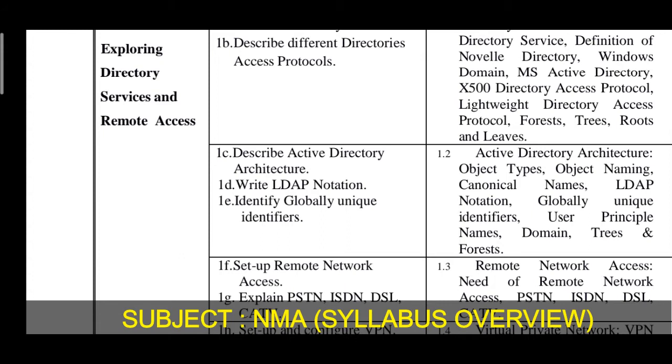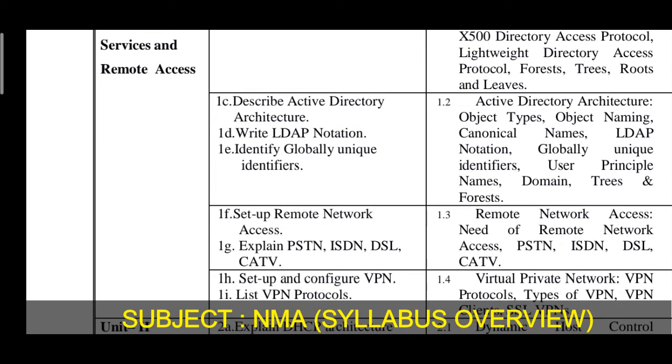Then identify globally unique identifiers, then set up a remote access network, and we have to study different types of remote access protocols such as PSTN, public switched telephone network, ISDN, DSL, CATV, and these are all very important protocols.